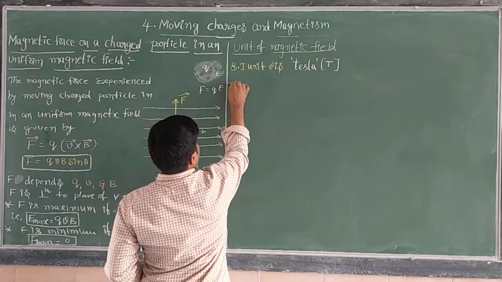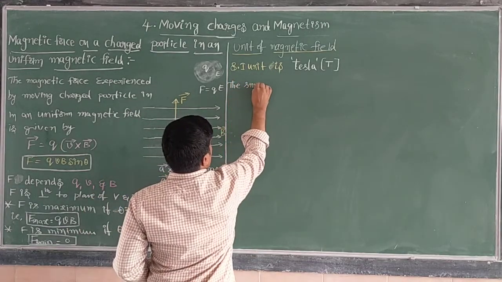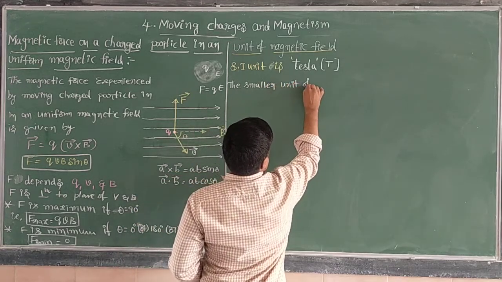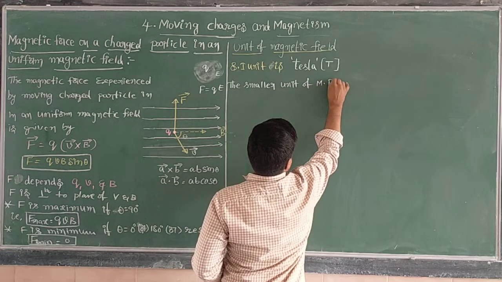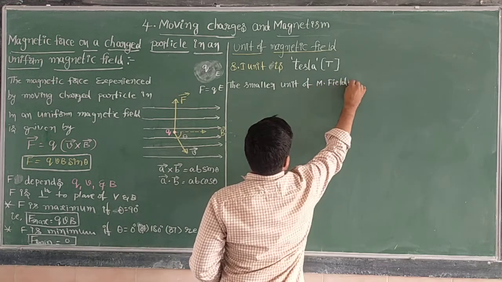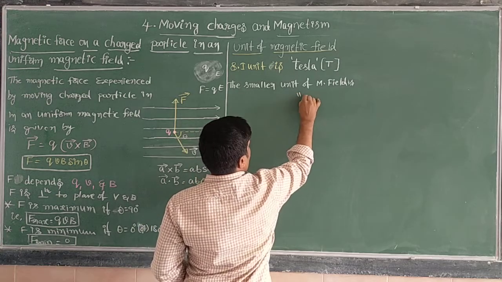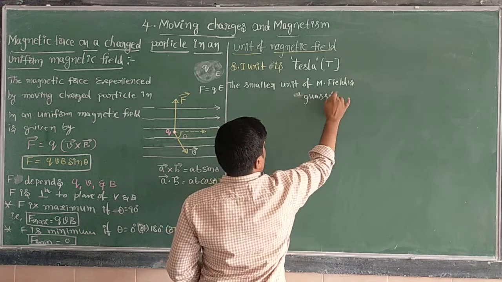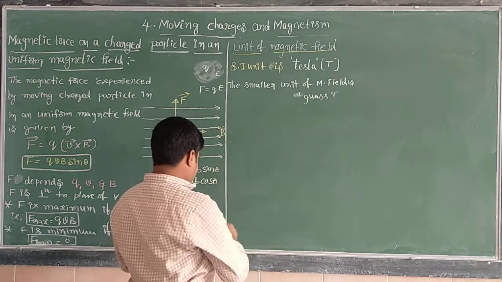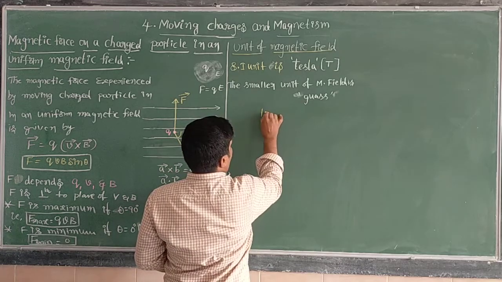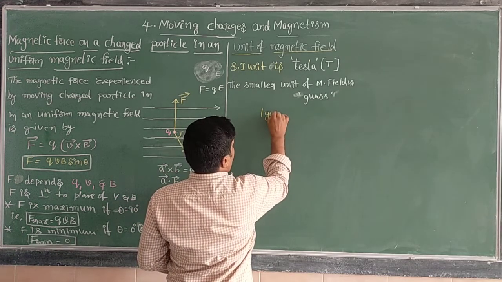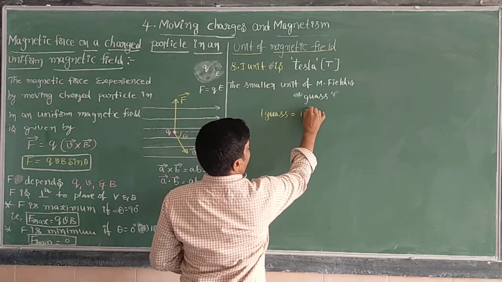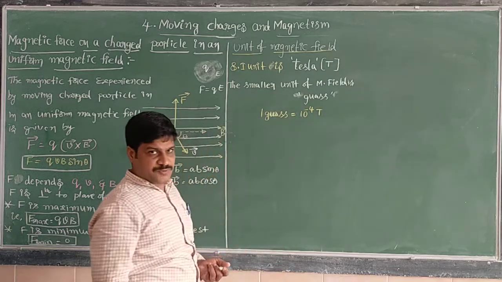The smaller unit of magnetic field is Gauss, G-A-U-S-S. Gauss is the smaller unit of the magnetic field. Look here: 1 Gauss is equal to 10 power minus 4 Tesla.